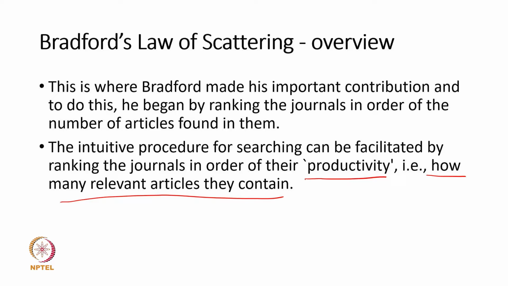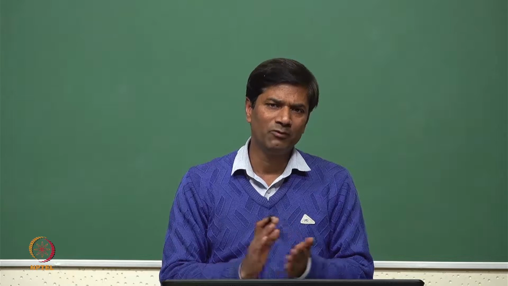For example, let us say you are searching in a particular area, such as the use of artificial intelligence in libraries, and we want to make a bibliography on that.